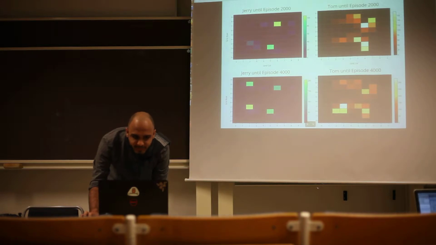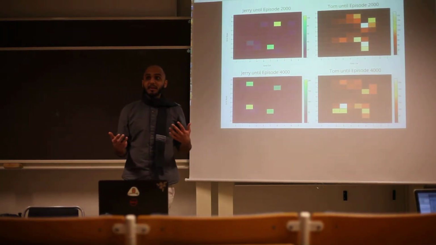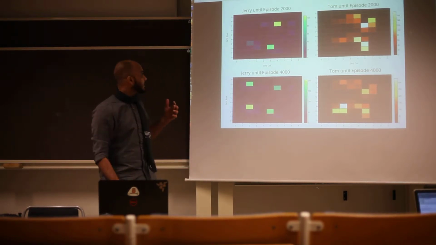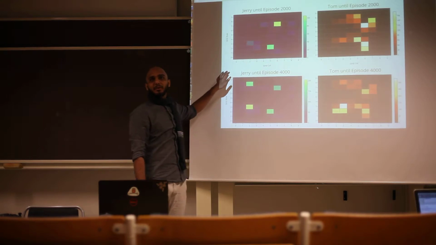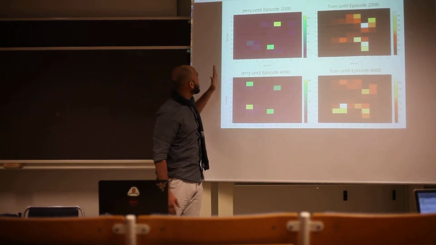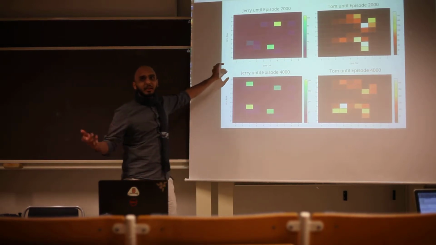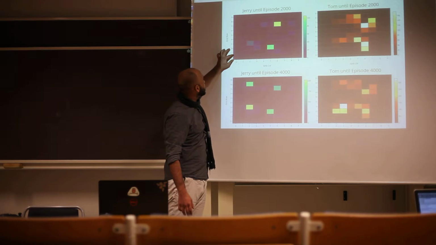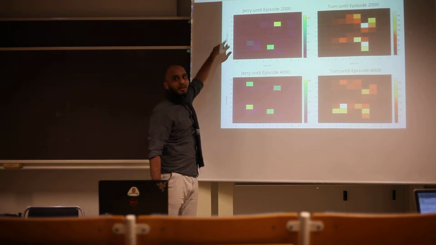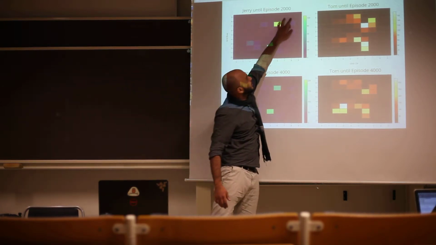Okay, so what we see here is what I would like to call an evolving heat map, and now we have moved on to a 10 cross 10 grid. These are the grid columns, these are the grid rows, and like we saw earlier, because there's a buffer wall around, this is the state where Jerry starts, and this is the state where Tom starts.